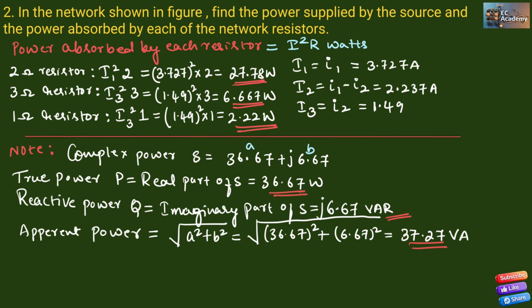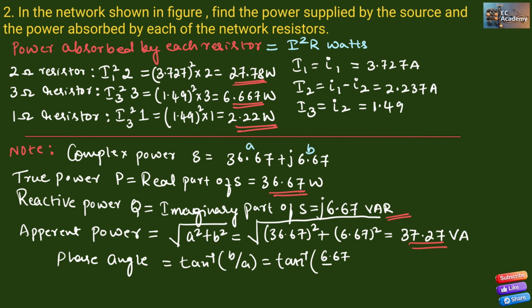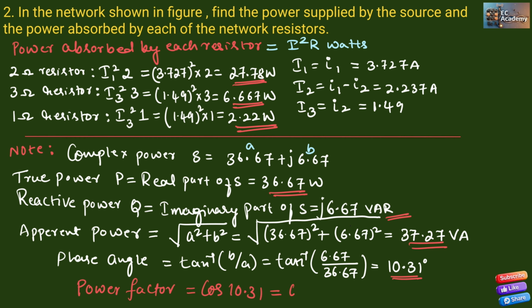If you want to find the phase angle, we can write tan inverse of B by A. So this will be equal to tan inverse of 6.67 divided by 36.67. So this will be equal to 10.31 degrees. So from this we can find the power factor, that can be written as cos 10.31. So that will be equal to 0.9839.